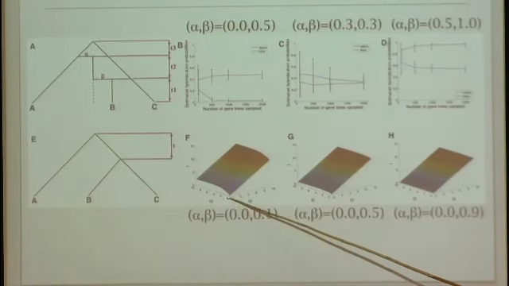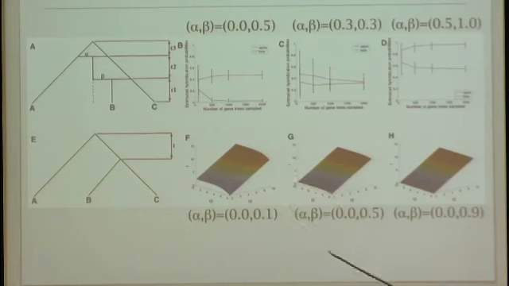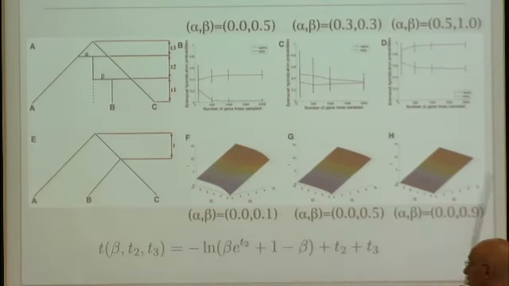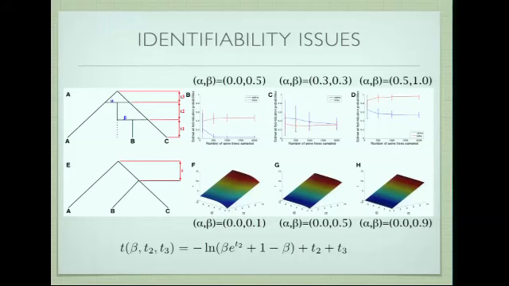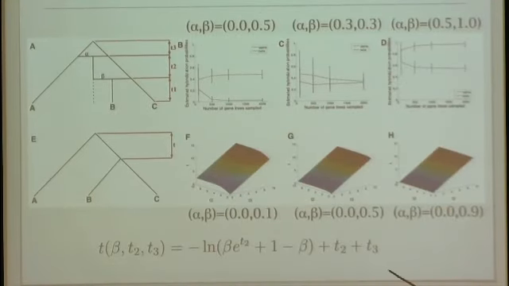You increase T2, you increase T3, you just increase T and you will get it. In fact, it's easy to get an exact equation for this. Whatever value for beta, T2, and T3, if you set T to this value, no matter how large your gene tree set is, you'll get exactly the same probability.